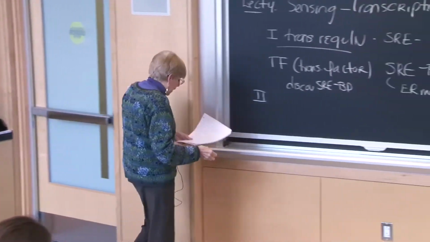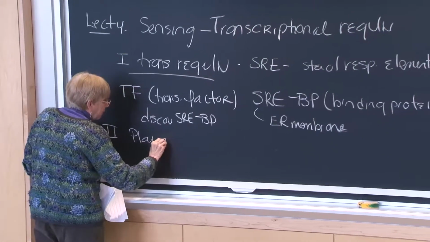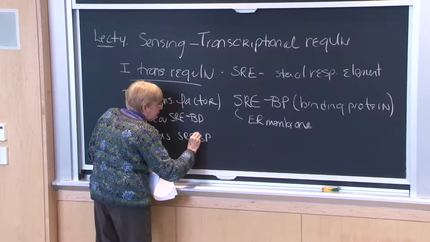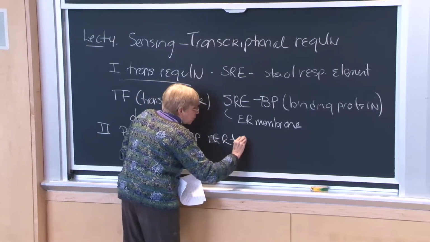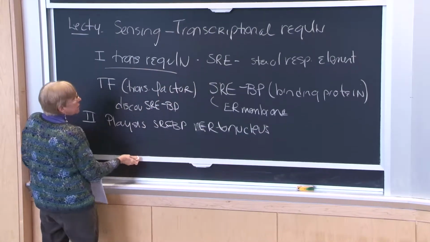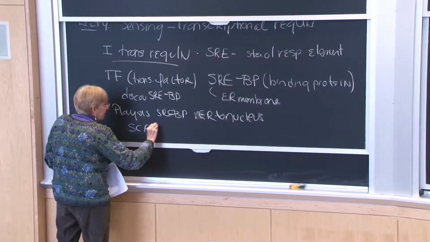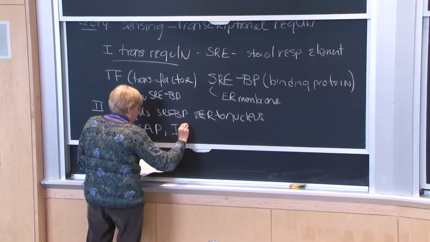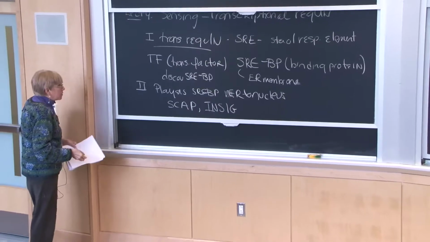And so to do that, what we need are players for SREBP to go from the ER to the nucleus. Okay, and we're going to see that these players are called SCAP, and they're called INSIG. Okay, and we'll come back and we're going to talk about those in some detail.